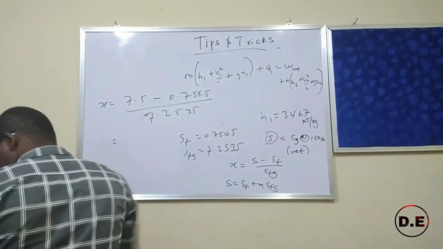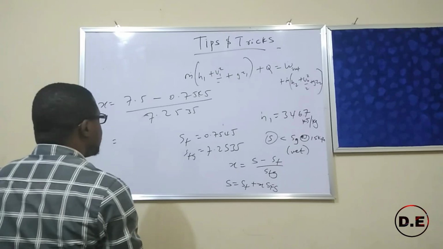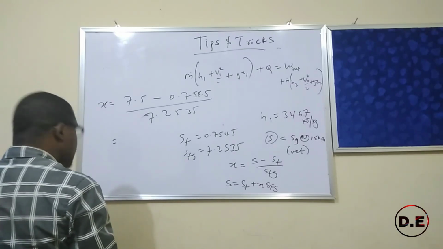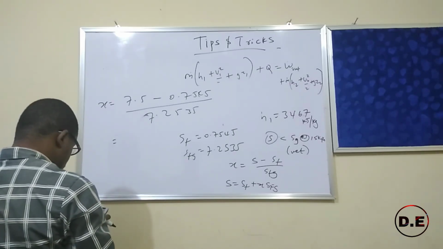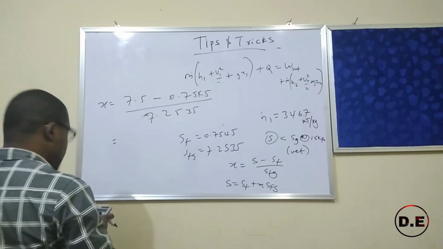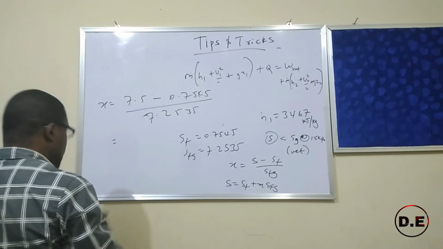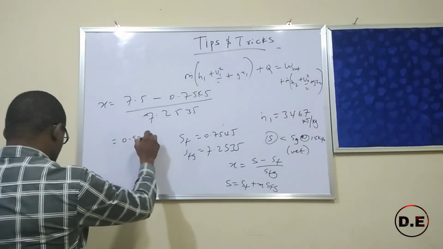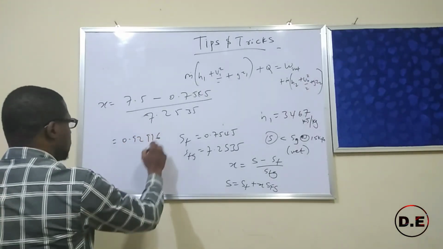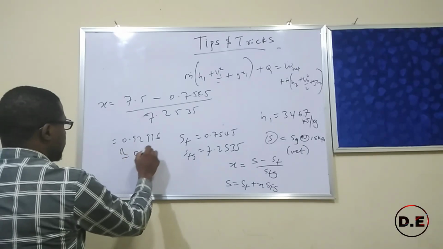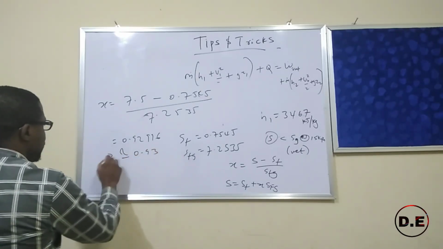If I type that out, we have 7.5 minus 0.7545 divided by 7.2535, and that is 0.92996, approximately 0.93 dryness fraction.